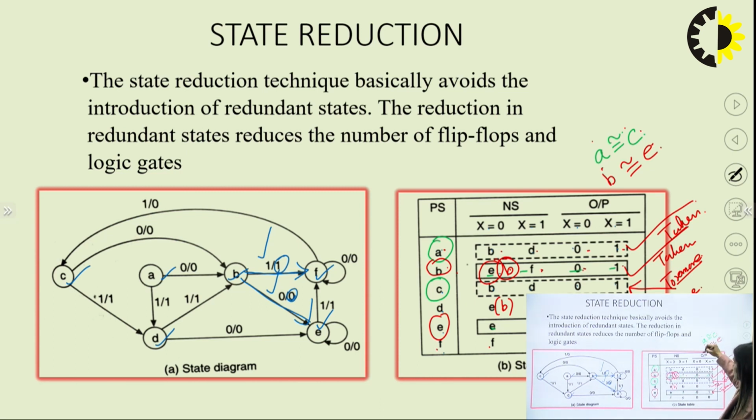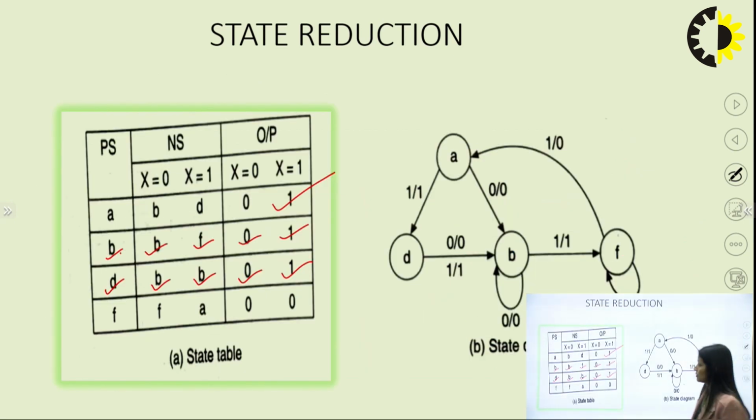But C should be replaced with A. So I will write FFA00. FFA0. Okay. This is how the state reduction has been done for this particular question.